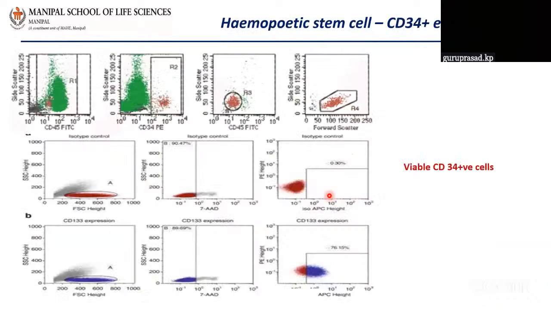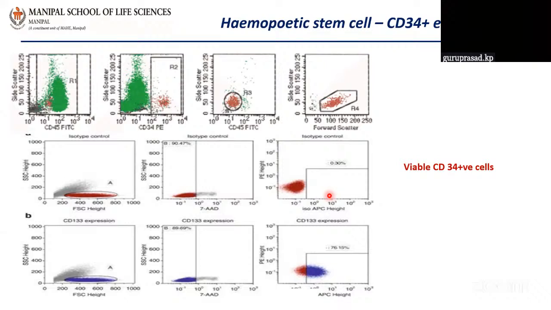And many a times there may be a requirement. Say if the person is suffering from some bone cancers, there may be a requirement of bone marrow transfusion. In that case, they take bone marrow from the donor. They wanted to see how many hematopoietic stem cells are there, because they wanted to calculate how many hematopoietic stem cells they need to transplant to the patient.